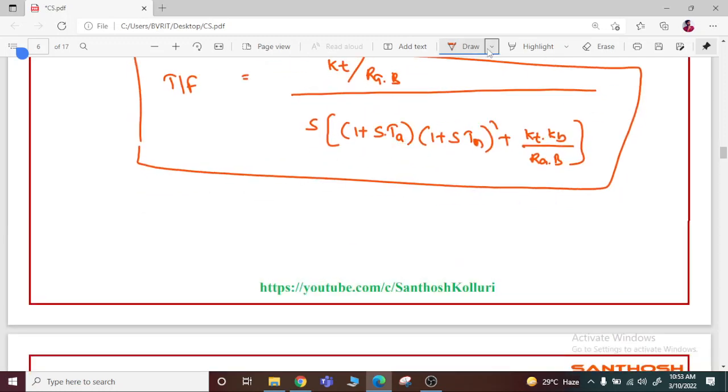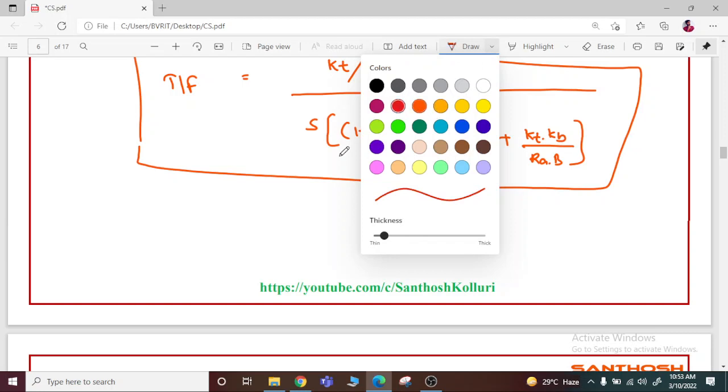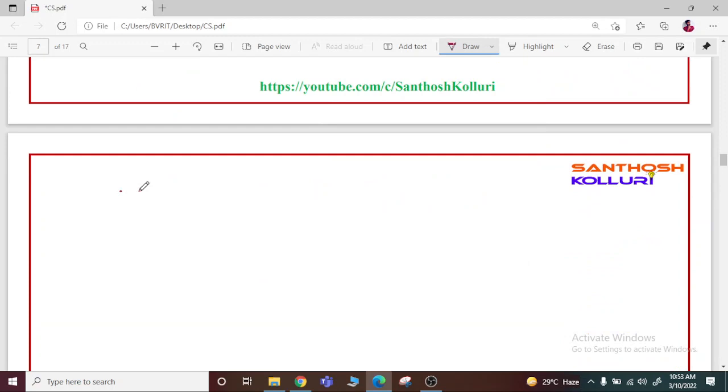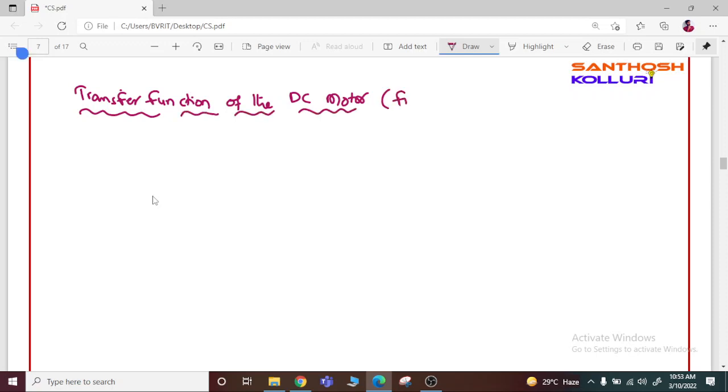So similarly for field control, transfer function of the DC motor with field control technique.